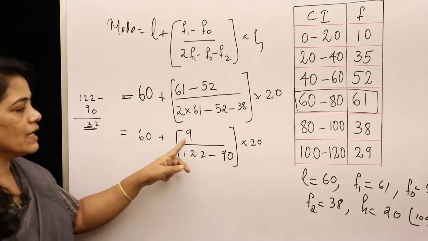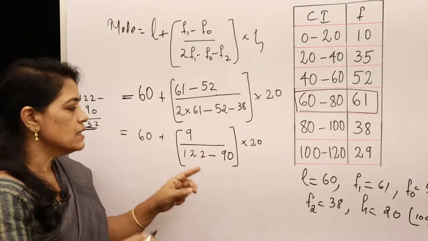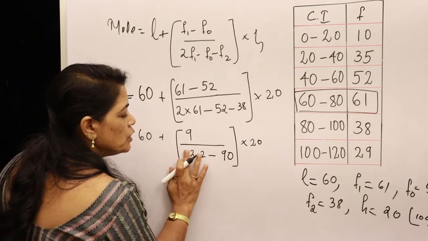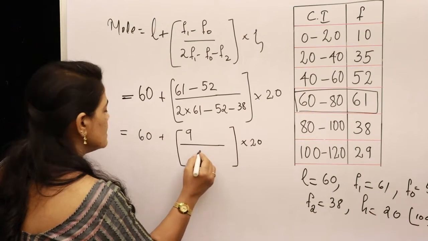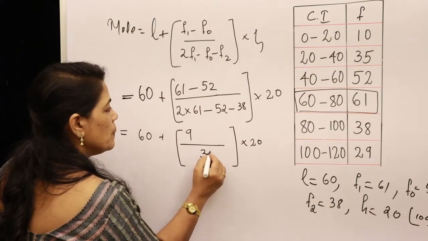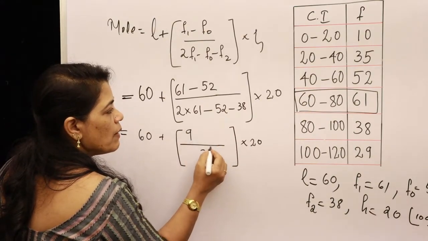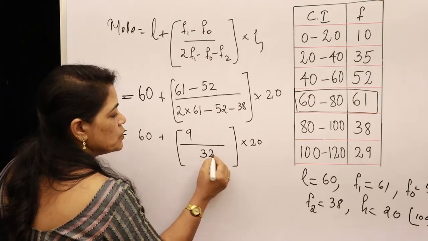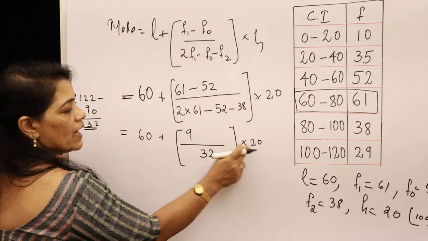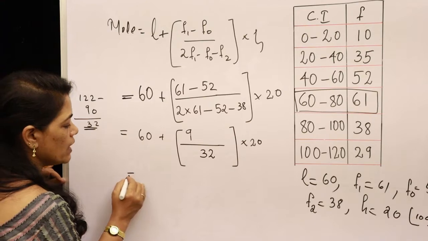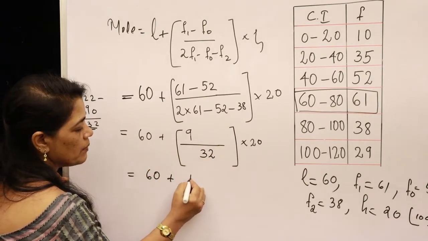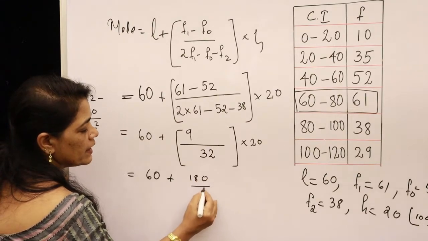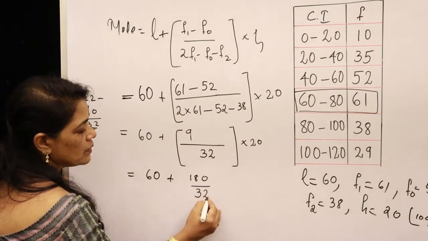In the next step we can write 122 minus 90 as 32. Now 9 into 20 is 180, numerators multiplied, divided by 32.